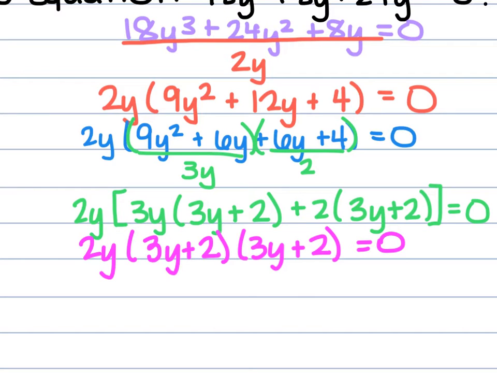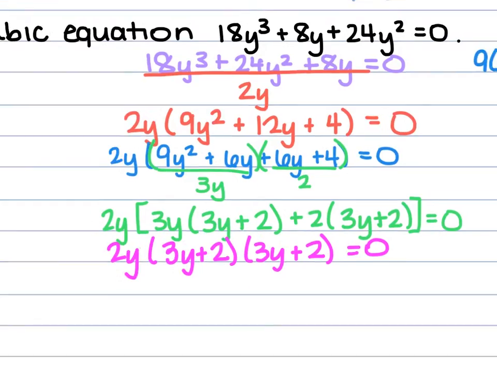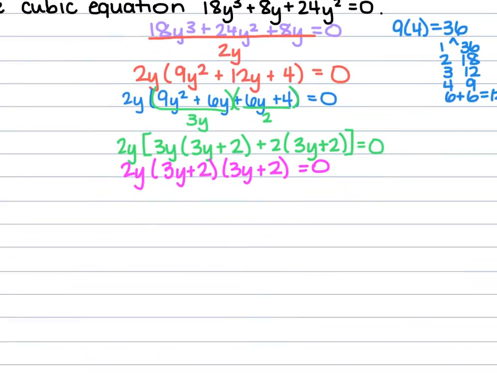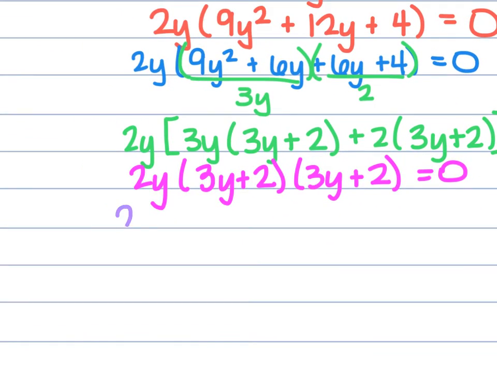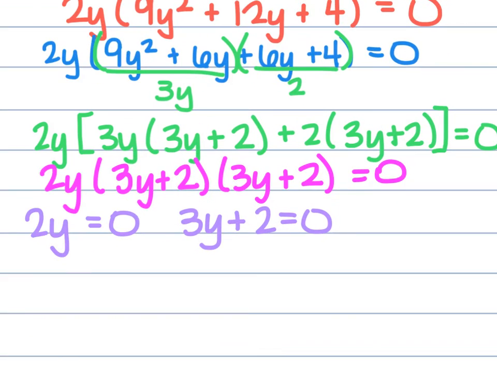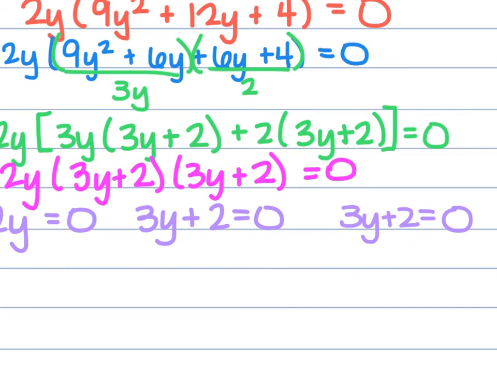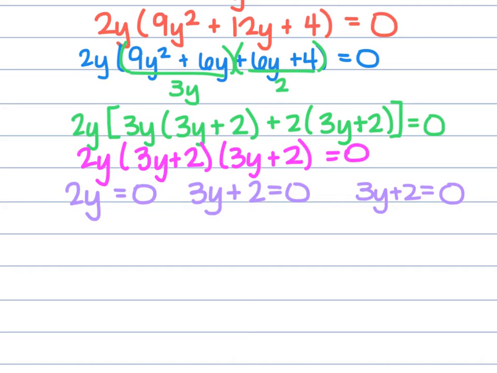From here, I'm going to set each part equal to 0. So I'm going to do the 2y and the 3y plus 2. So 2y is equal to 0, 3y plus 2 is equal to 0, as well as 3y plus 2 is equal to 0. We'll realize that those 3y plus 2's are the same, so we don't have to do anything with those more than once. We can just do it once and we'll still get what y is equal to.